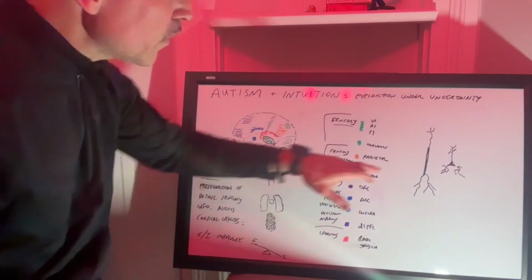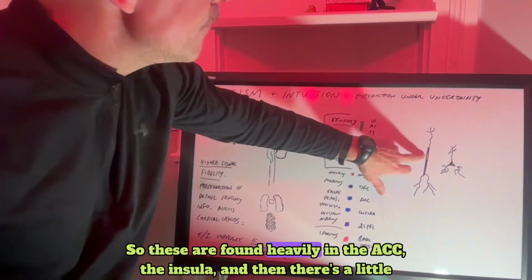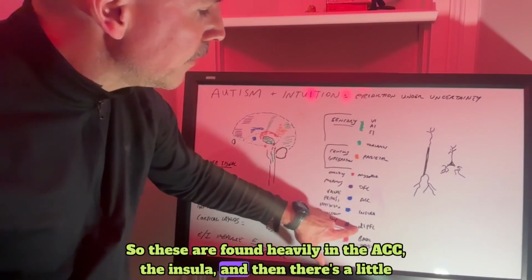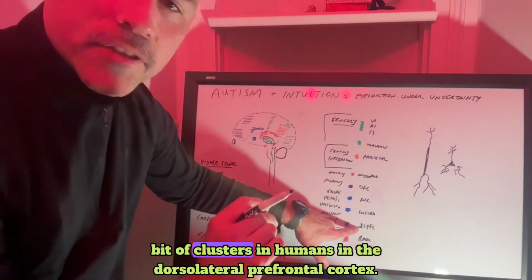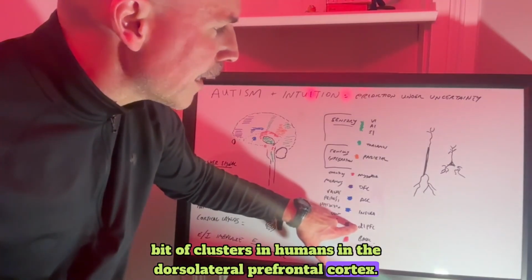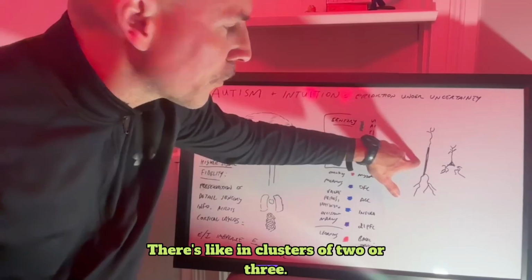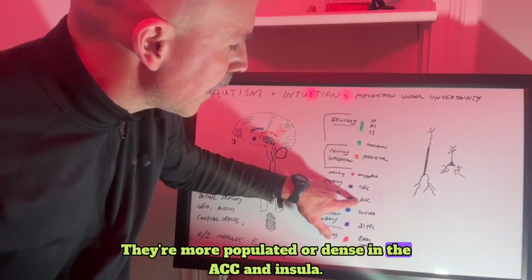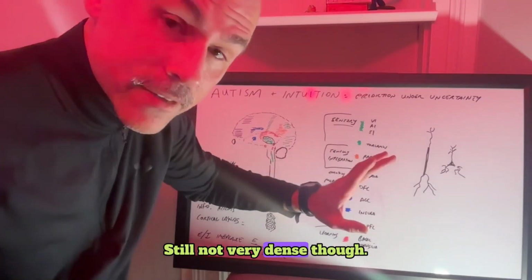Okay, so these are found heavily in the ACC, the insula, and then there's a little bit of clusters in humans in the dorsolateral prefrontal cortex. There's clusters of 2 or 3. They're more populated or dense in the ACC and insula. Still not very dense though.